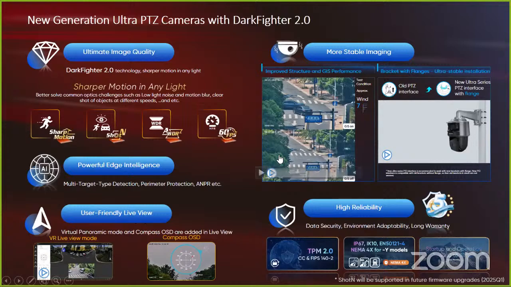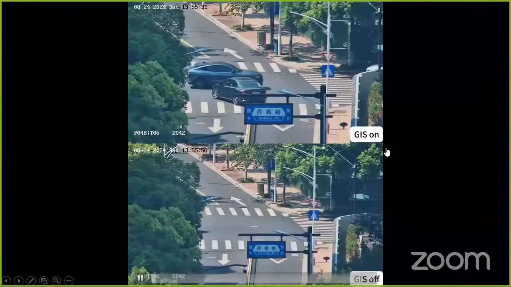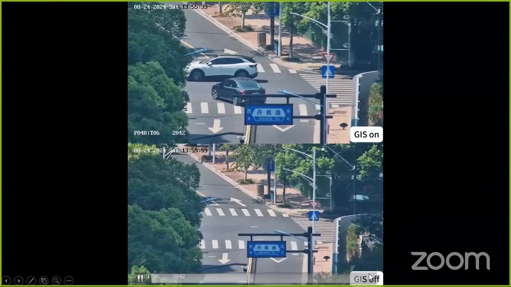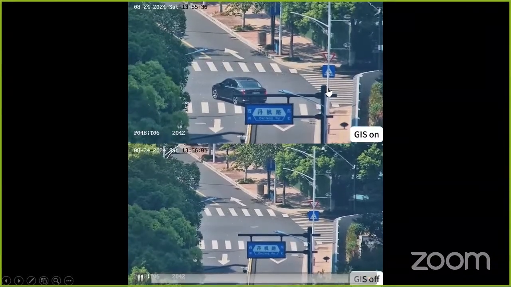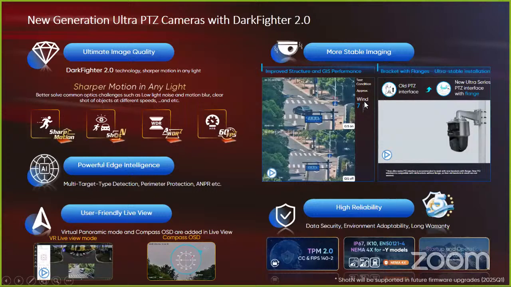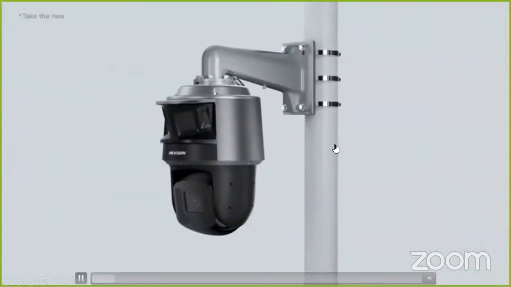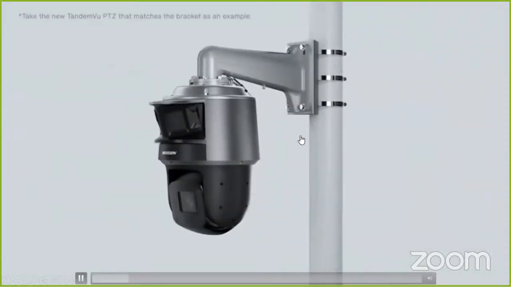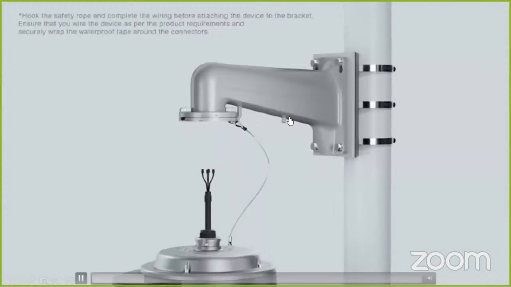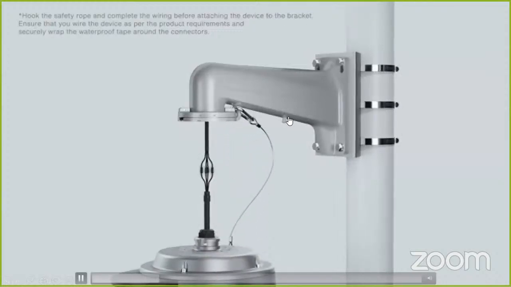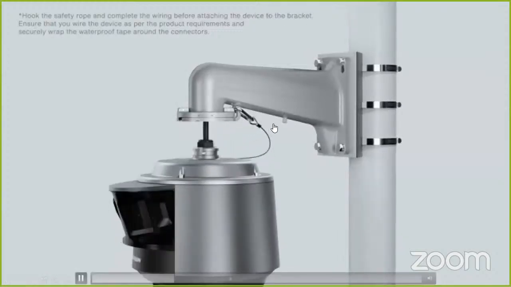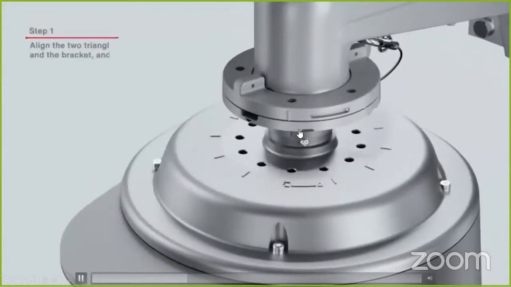And for the most stable image, you'll find that turning the GIS on or off makes a difference against wind. And the bracket with the lens is similar, we try to make the cameras much more stable. So if we are facing an environment with big wind, it keeps the image and the camera steady.